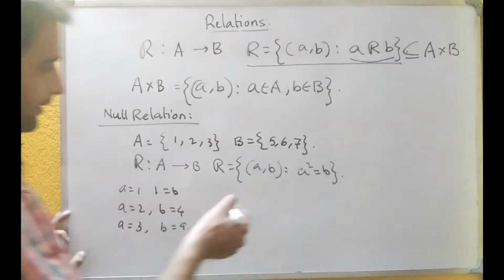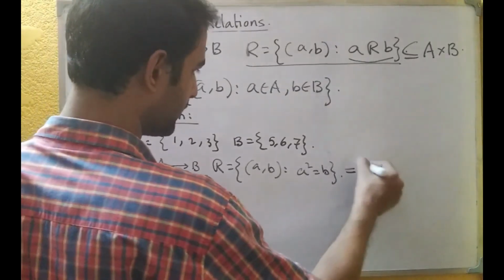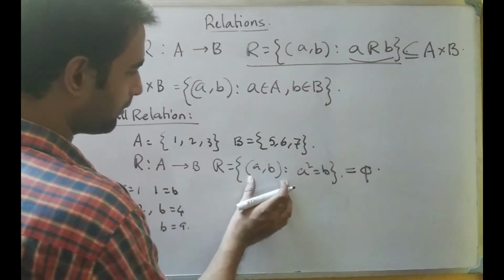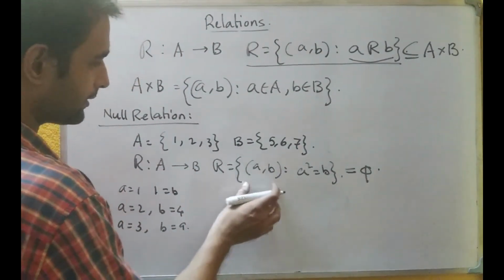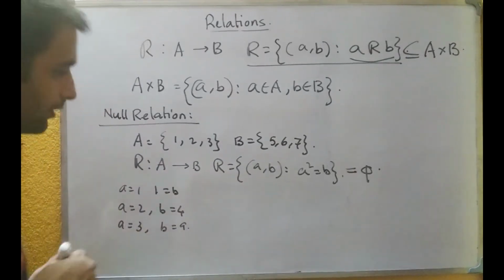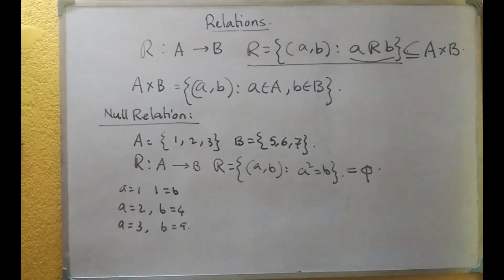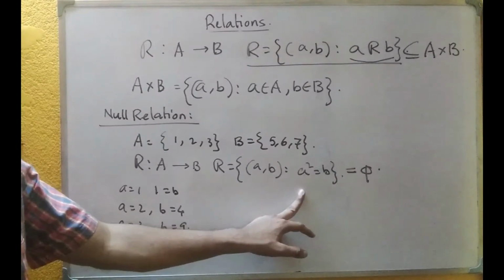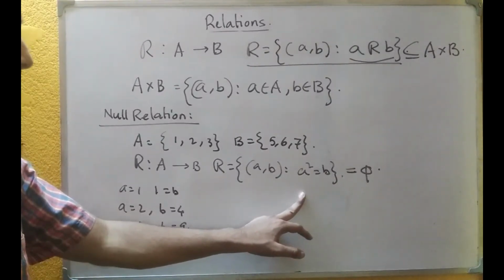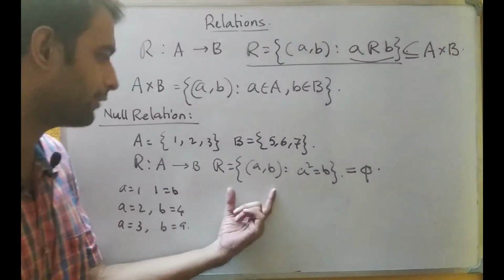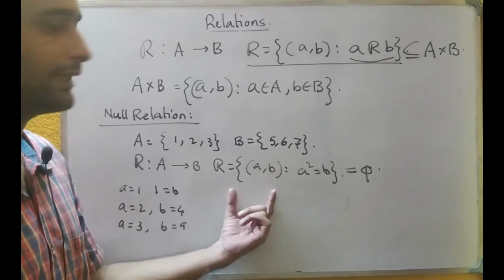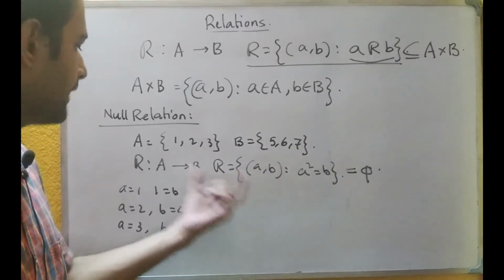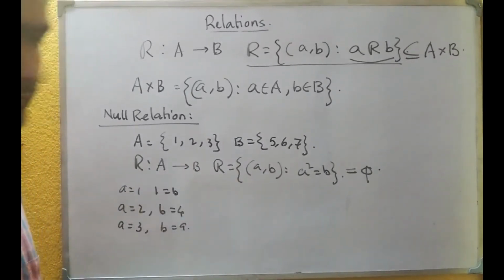So we can say this is a null relation, because no such ordered pair will be in this set R. So somehow if the condition fails to hold, then we will see in the set R there will be no elements. So in that case we will say that the relation is a null relation.